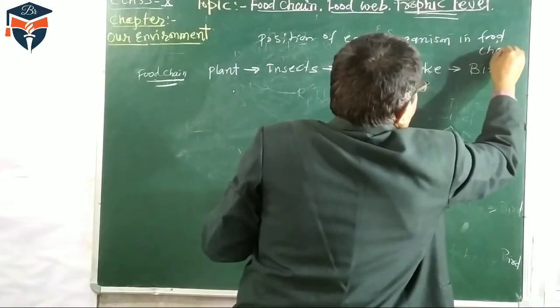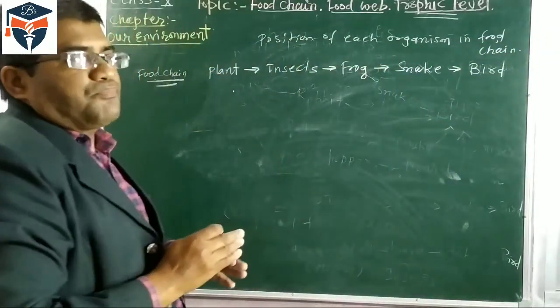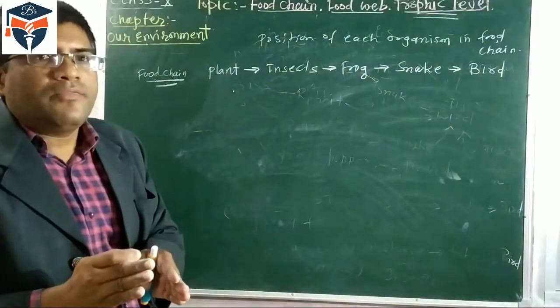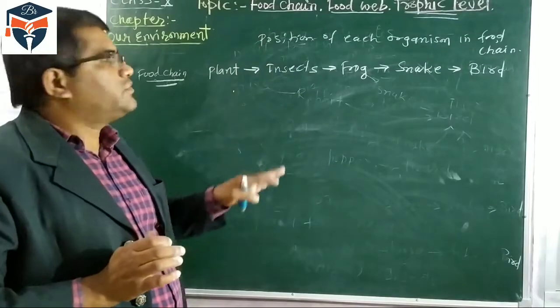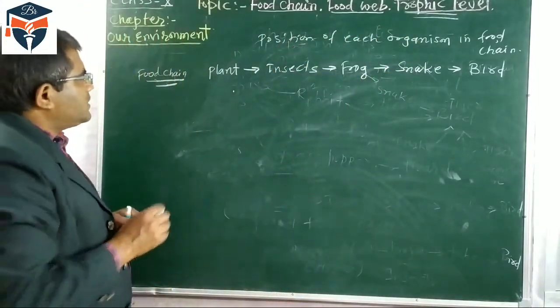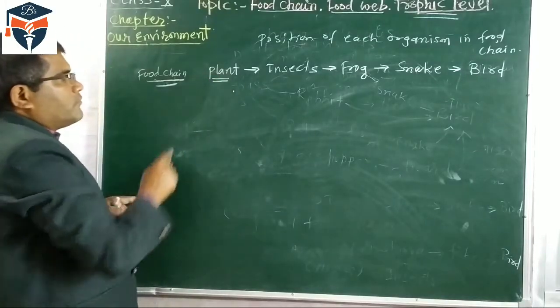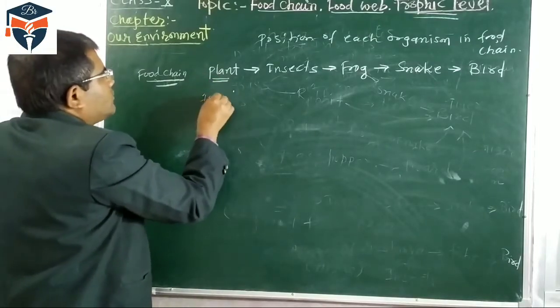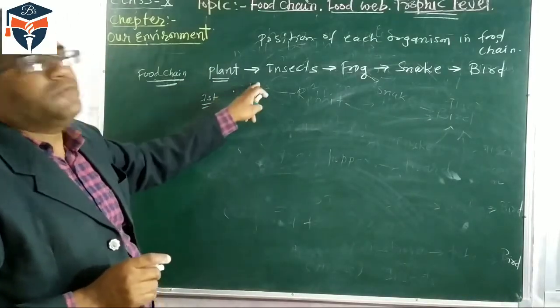So what is the position of each organism in a food chain? The level at which the organism is placed in the food chain is called the trophic level. We should understand. Here, this is trophic level: plant. First trophic level.